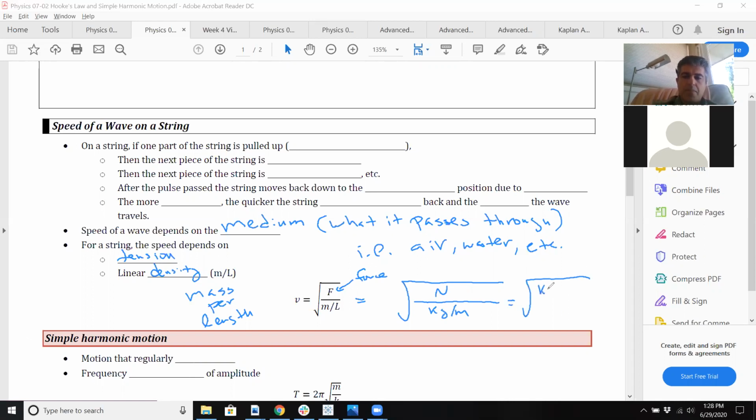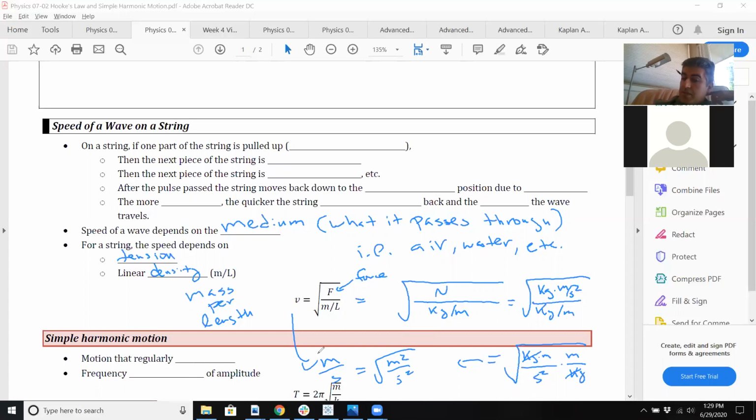Remember, a newton is a kilogram meter per second squared, and if you flip that, those cancel and you get meters per second. So the units make sense. That's another form we'll be using.